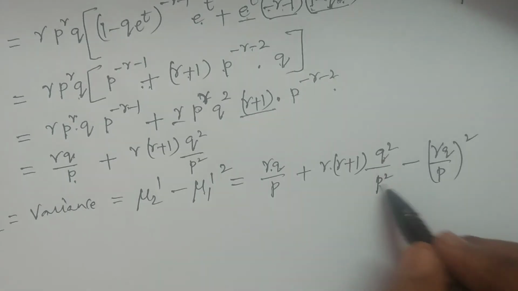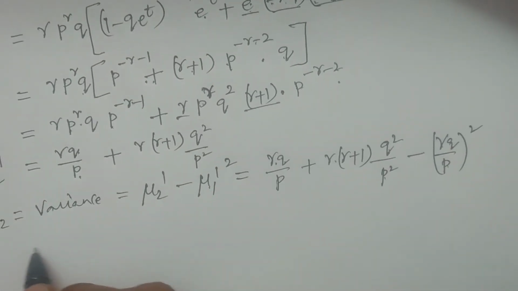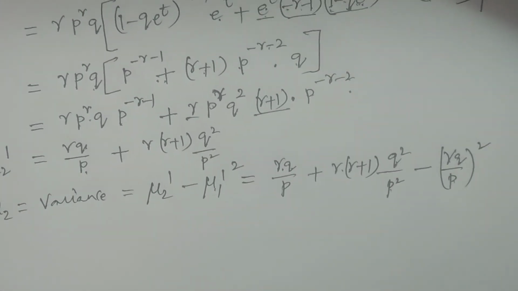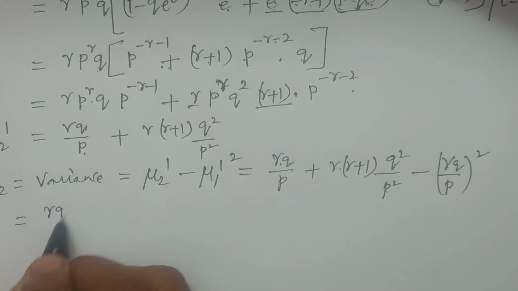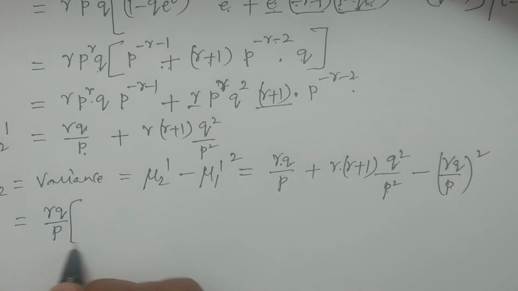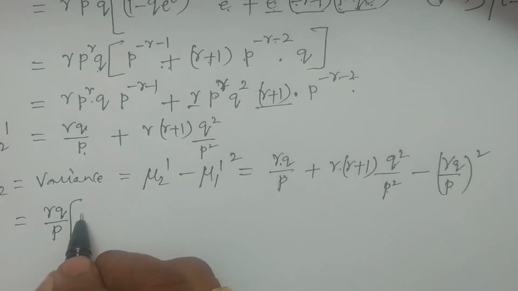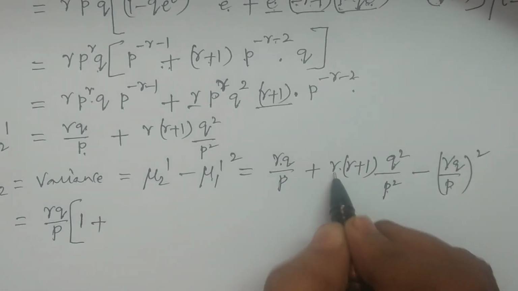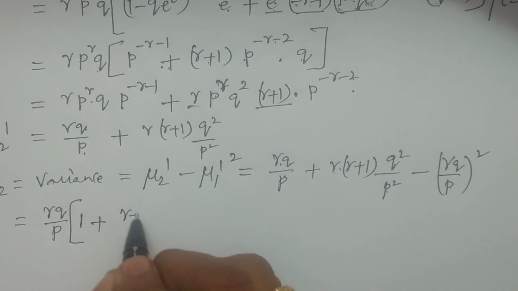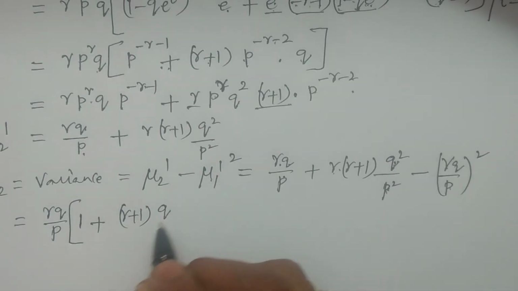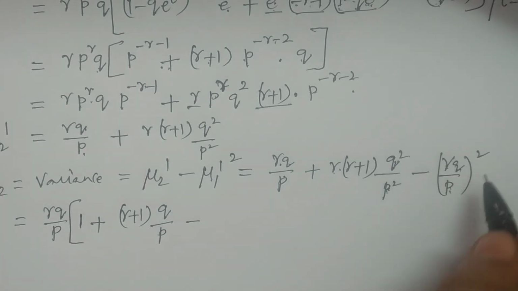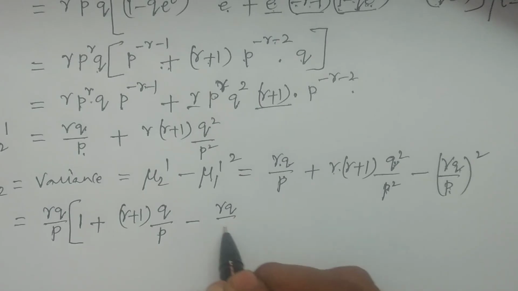Taking rq by p common, the term is 1 plus, here r we have taken common, therefore r plus 1 multiplied by q by p, minus rq by p whole square, since rq by p is taken common.